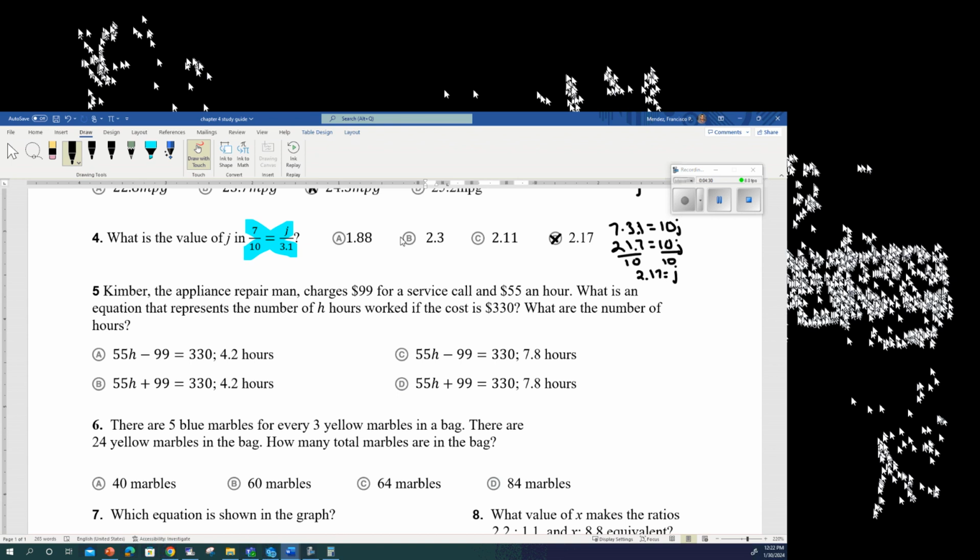Let's go to number 5. Kimber, the plant repairman, is charging $99 for a service call and $55 an hour. That means my equation should be $99 added on to $55 an hour. And that's all going to equal 330. It says, what equation represents H for hours worked if the cost is 330. I'm going to subtract 99 from both sides.